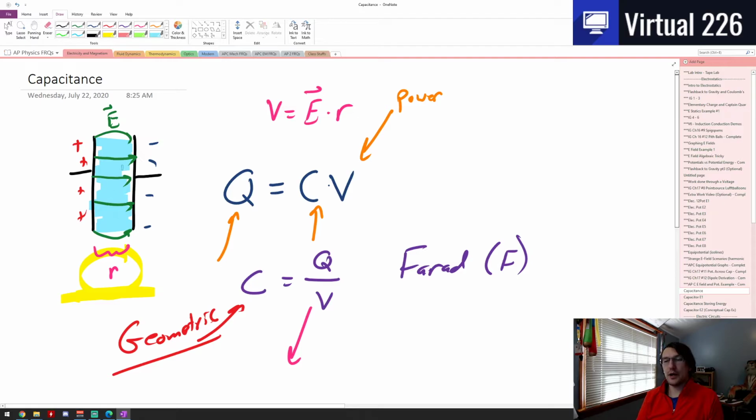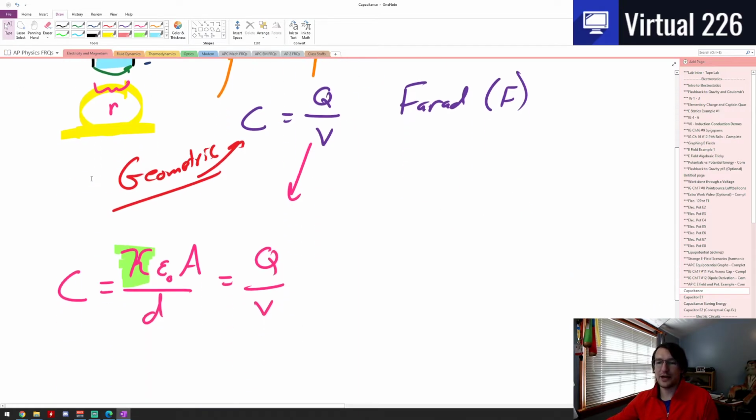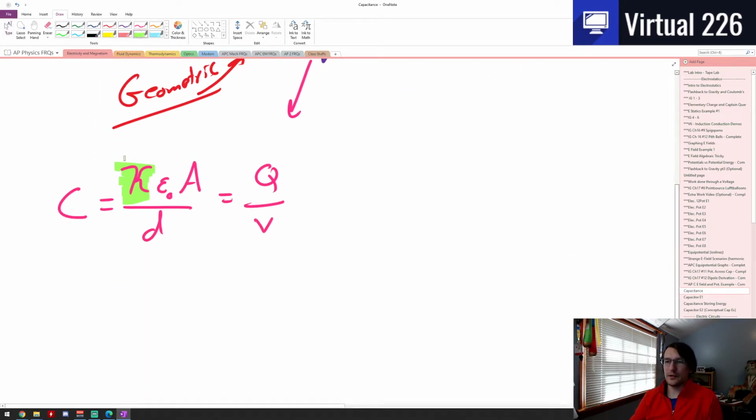Well, a sponge is different for an electric field to move through than a vacuum is. And because the sponge has a different ability for the electric field to move through, we have to account for that down here with this dielectric constant, okay?